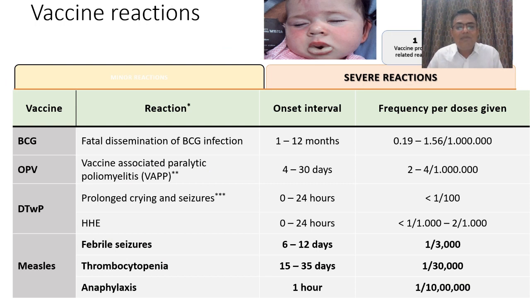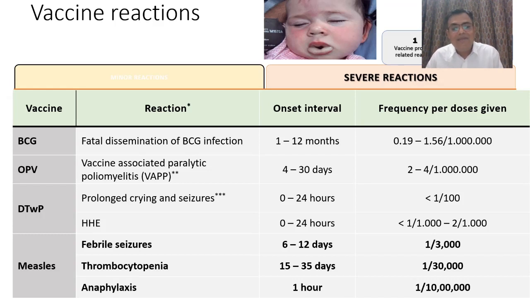These are examples of the severe reactions associated with vaccines, along with their onset interval and frequency per dose. For example, in case of the OPV, vaccine associated paralytic polio, that is VAPP, the onset interval is 4 to 30 days and frequency is 2 to 4 per 10 lakh doses given.